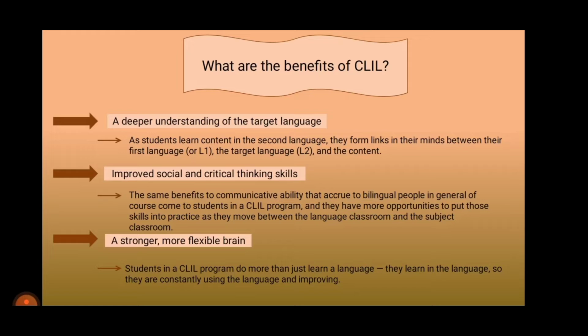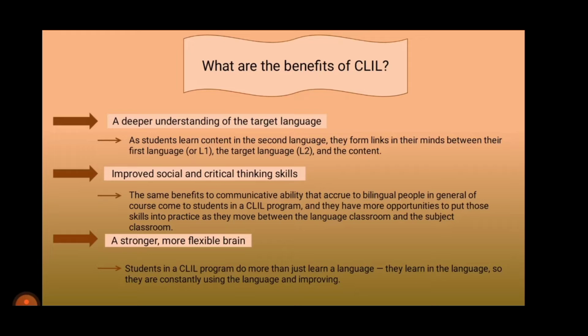In other words, children who study the rules of grammar of a second language invariably find themselves better grammarians in their native language. Each language can be studied through the lens of the other. Second, improved social and critical thinking skills.